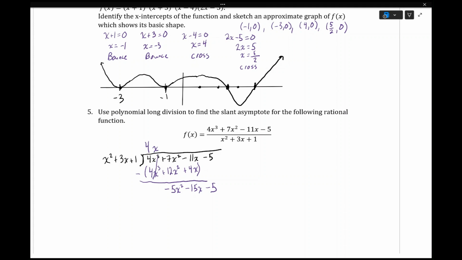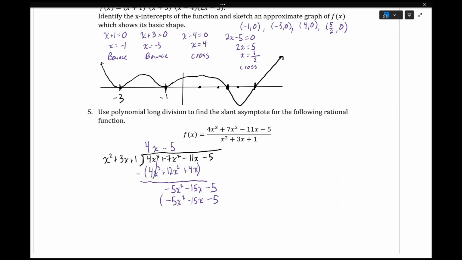Now, what do I have to multiply x squared by to get to negative 5x squared? In this case, that'll be negative 5. And so I'll have negative 5x squared minus 15x minus 5.